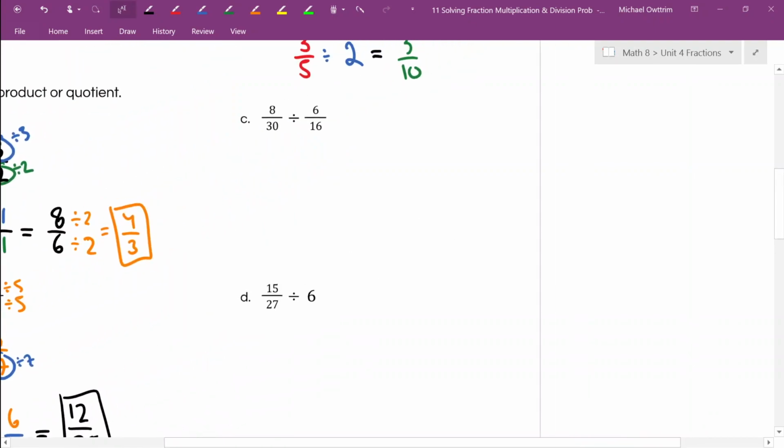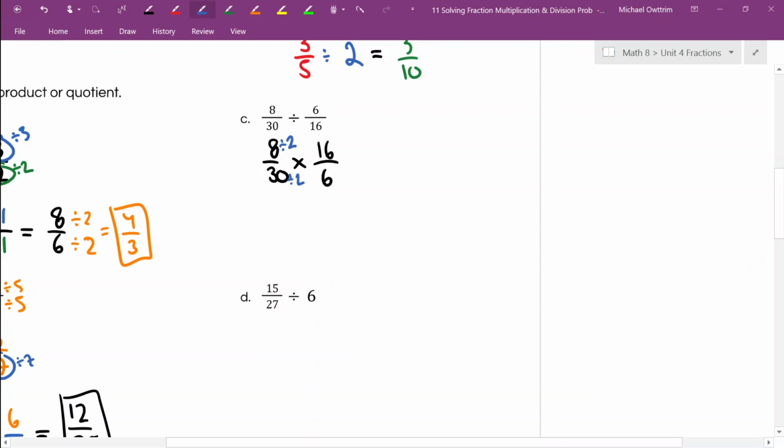And I know since there was no other common factors that cancel out, that there's no simplification I can do in my answer either. In the case of question C, I'm going to start by using my multiply by the reciprocal trick. So 8/30 stays the same, divide changes to multiply, and 16 over 6 for my flipped reciprocal fraction. I do see I can do some simplification. There's lots of different ways we can do this, but we're going to do this within each fraction for a start.